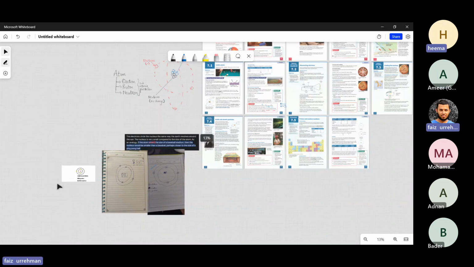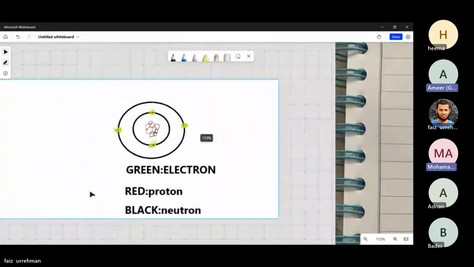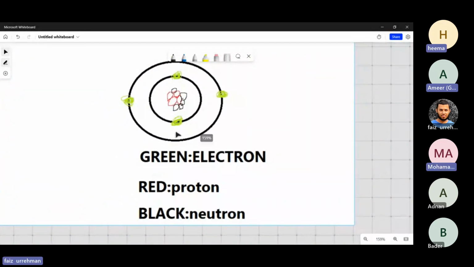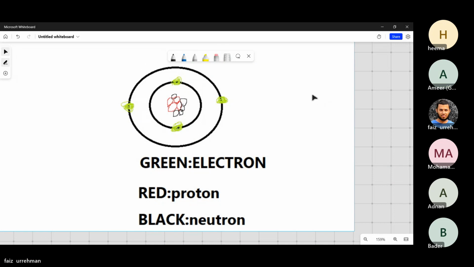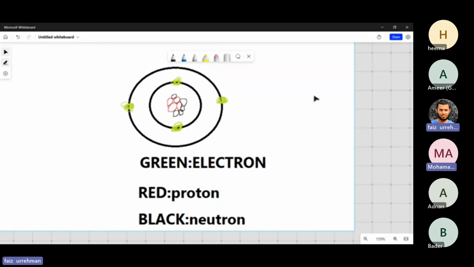So we were discussing this beautiful creation, the Mona Lisa. So green electrons, 4 electrons, and red protons, 4 pieces, and black neutrons, 5 pieces.